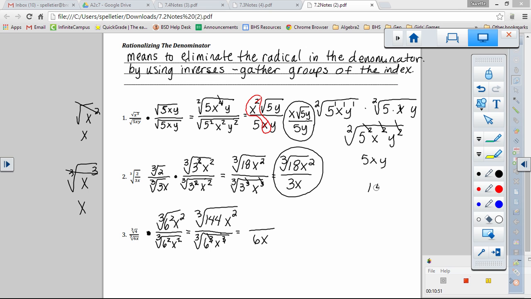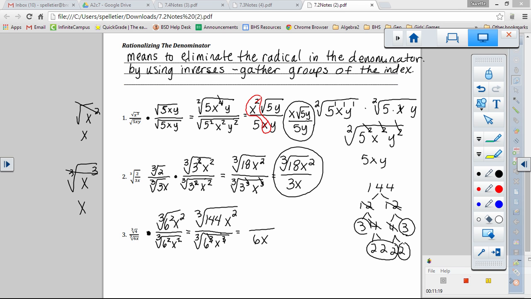I'm going to break down 144 over here and see, can I get any groups? So 12 times 12, 3 times 4, 4 times 3, 2 times 2, 2 times 2. So remember, I'm looking for groups of 3s. So there's one group of 3. There's a 2 left over, and a 3, and a 3.